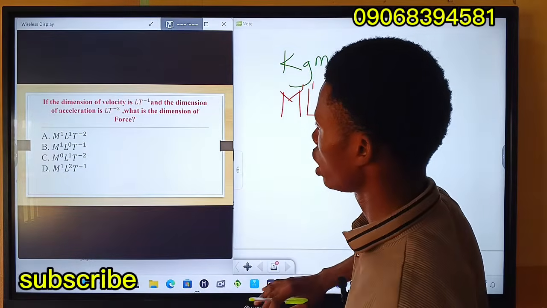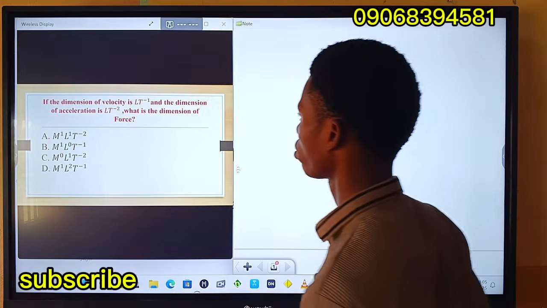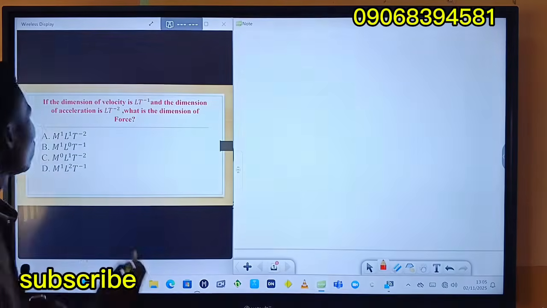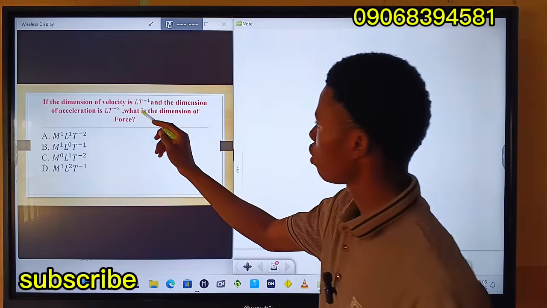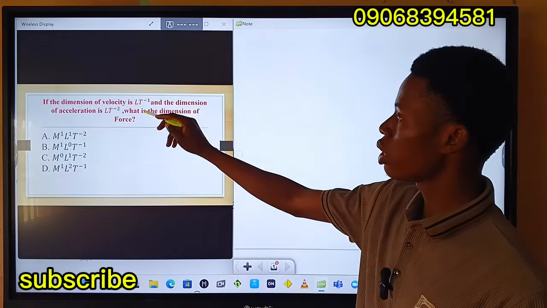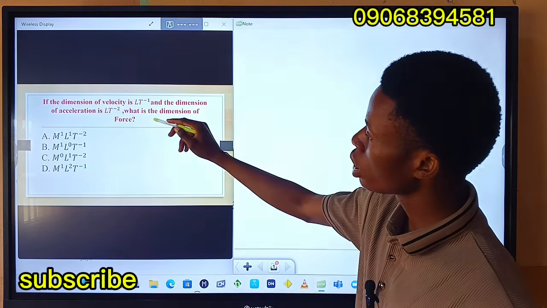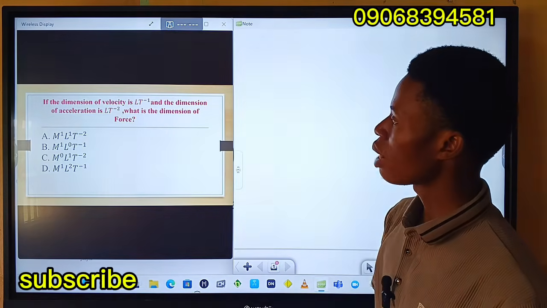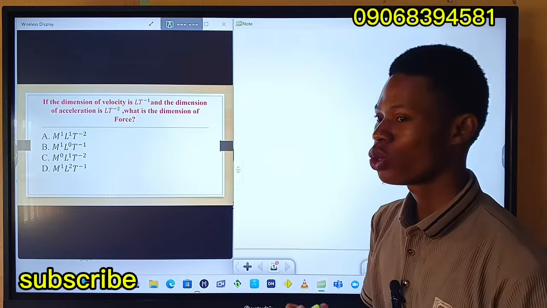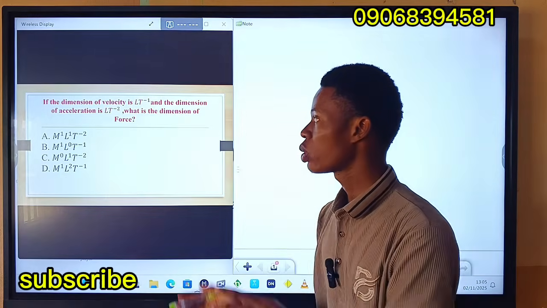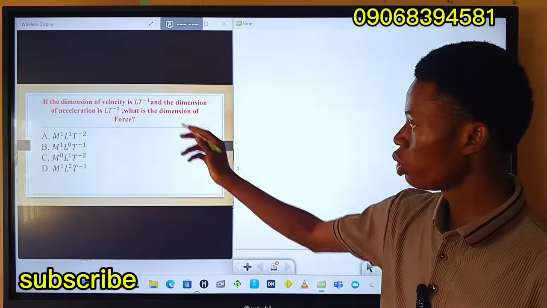Alright, we are getting close to the end. We're given another question here. The question says, if the dimension of velocity is LT raised to the power minus 1, and the dimension of acceleration is LT raised to the power minus 2, what is the dimension of force? This one, they just want to confuse you. They gave you the dimension for velocity and for acceleration, but you should not be using velocity.